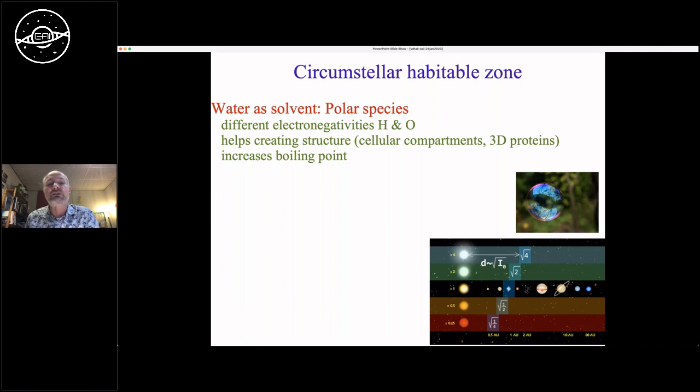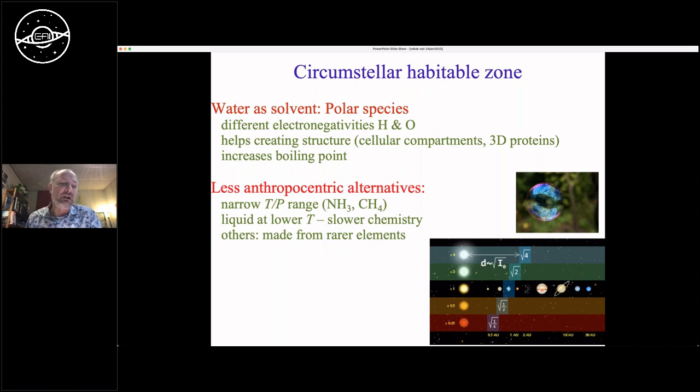This is good, for example, if you want to build compartments that lead to cells, and also, for example, to get the 3D structure of proteins. That's important for their catalytic function. The fact that water is polar also increases its melting and boiling points, and that is good because chemistry tends to be faster at higher temperatures.